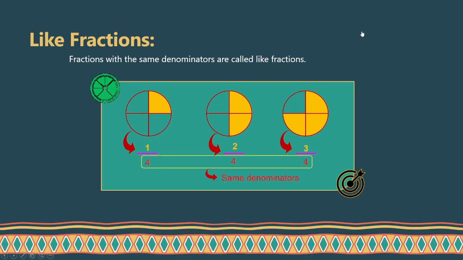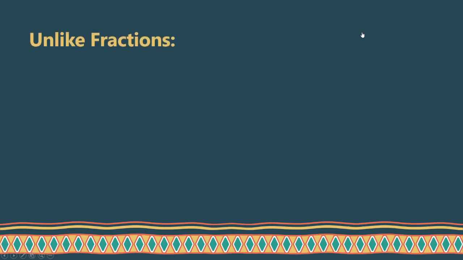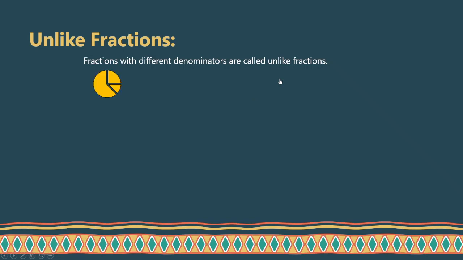Unlike fractions. Unlike fractions are nothing but fractions that have different denominators. Fractions with different denominators are called unlike fractions.